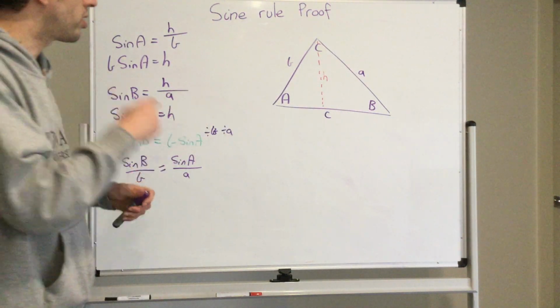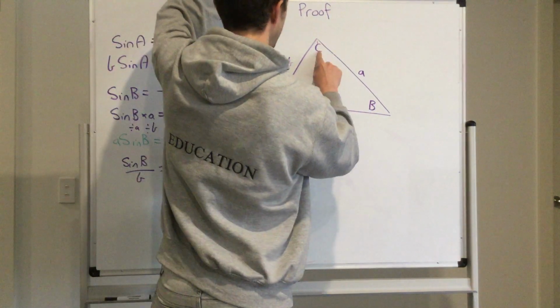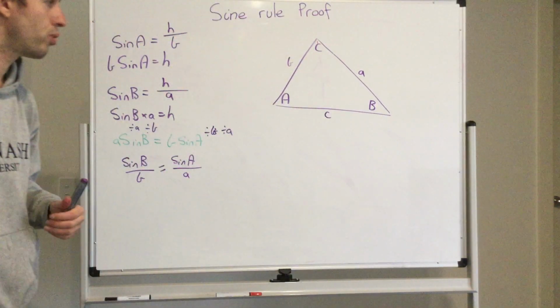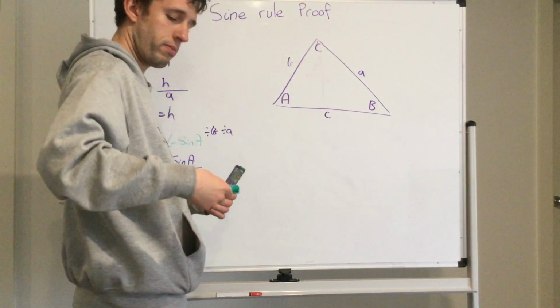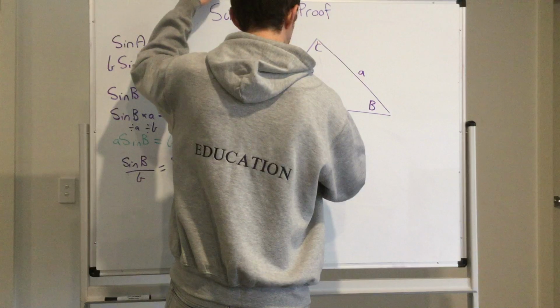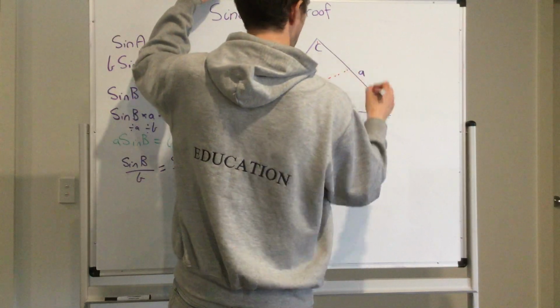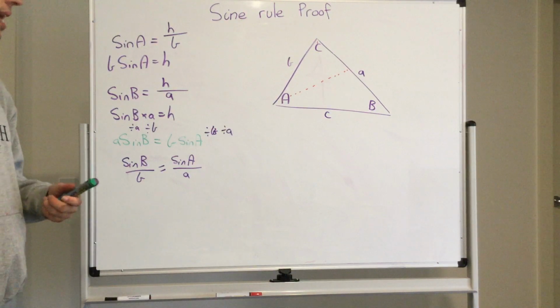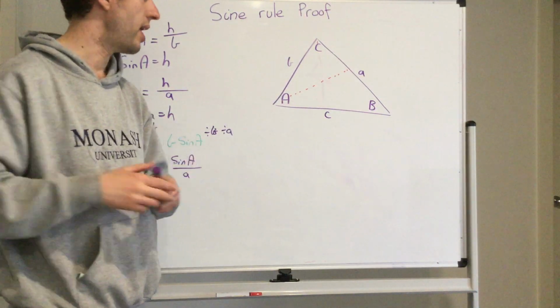Now I'm going to change this line, and I'm going to put a line over here, straight down the middle, and that means I can find C now. So let's have a go at doing my sine again.